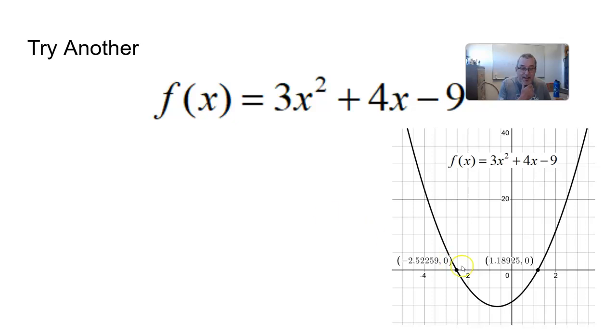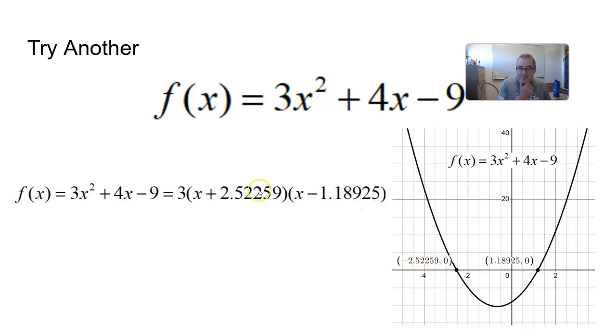Well, now what are we going to have? I'm using x this time. I'm going to have an x minus 1.18925, and then an x minus a negative 2.52259. So x minus 1.18925, there it is, and then x minus a minus, or a plus.